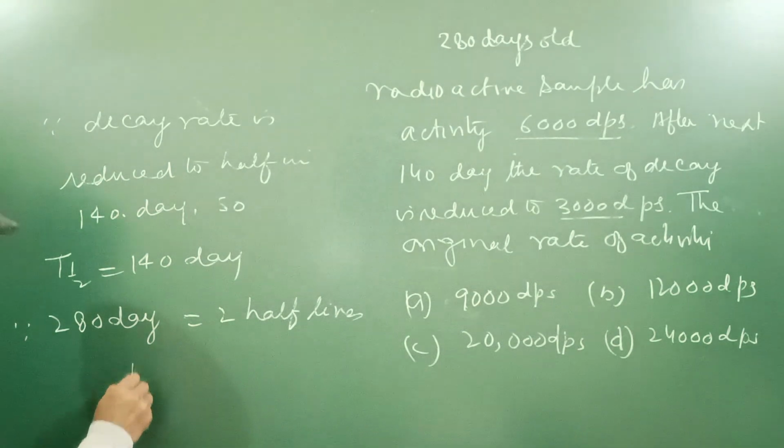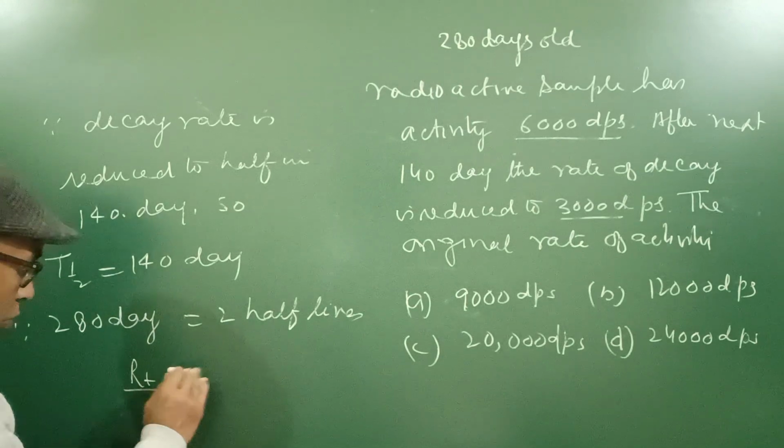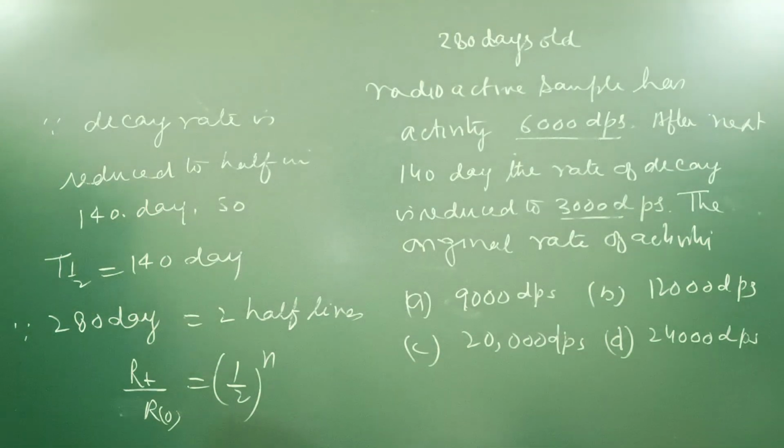so R_t upon R_0 is equal to 1 upon 2 to the power n, where n is the number of half lives.